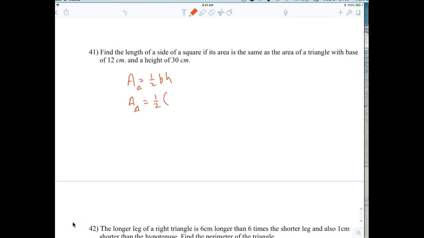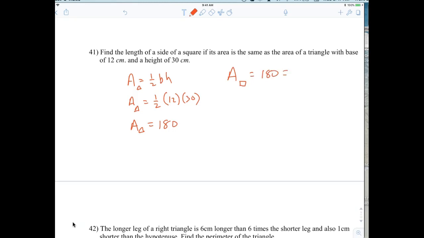And the height is what? 30. So what's half of 12 times 30? The area of the triangle is 180, correct? So that's the area also of the what? Square. So the area of the square is 180.